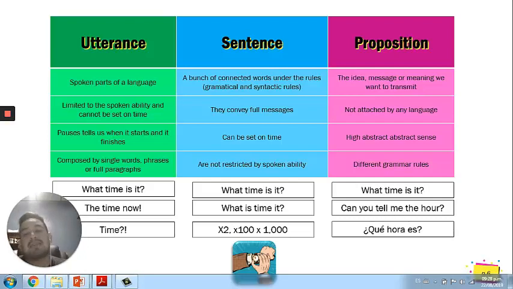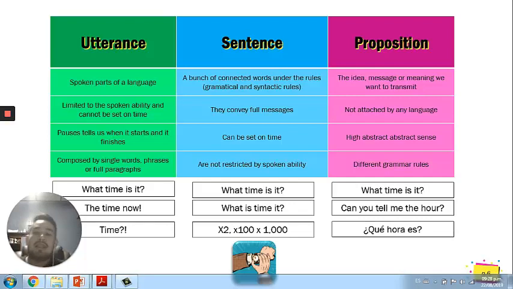Sentences can be said on time, especially when they are written. If I write, for example, what time is it? Another person can retrieve this sentence at another time, on another day, another year, or even another age.